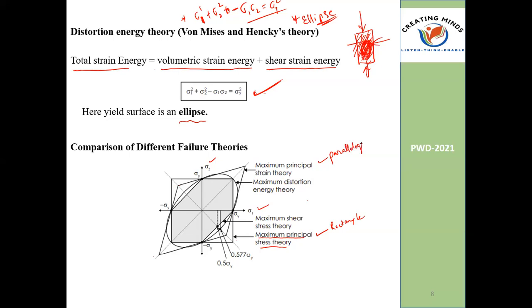Yes, parallelogram. Next, ellipse. What is ellipse? Ellipse is maximum strain energy and distortion energy. So whichever one they give. Next, here you can see a hexagon. Yes, sir. This is hexagon. See, this is maximum shear stress theory.